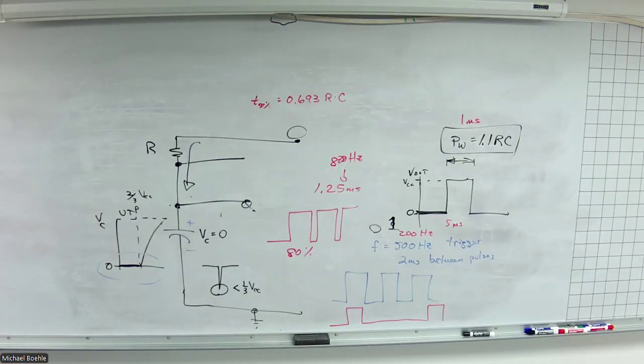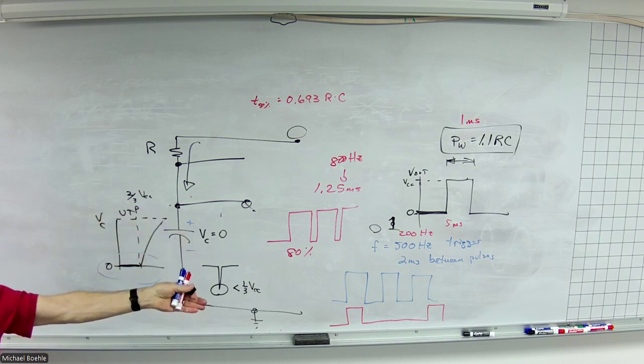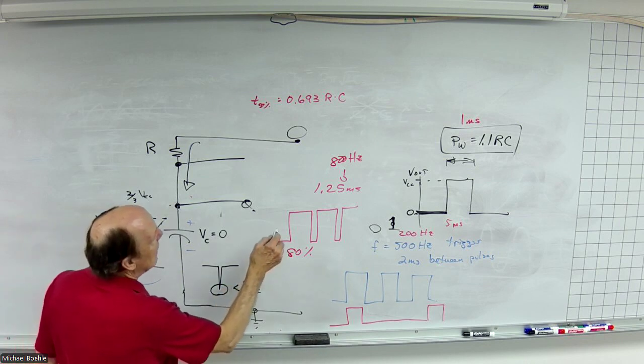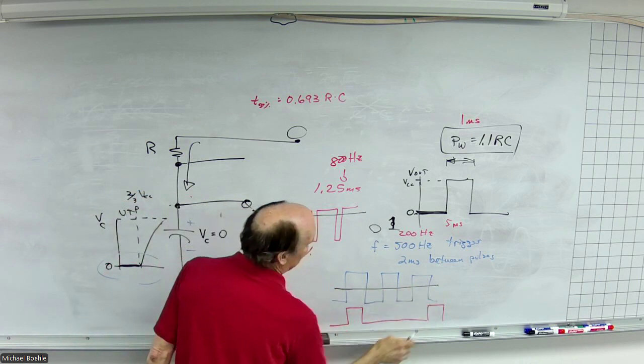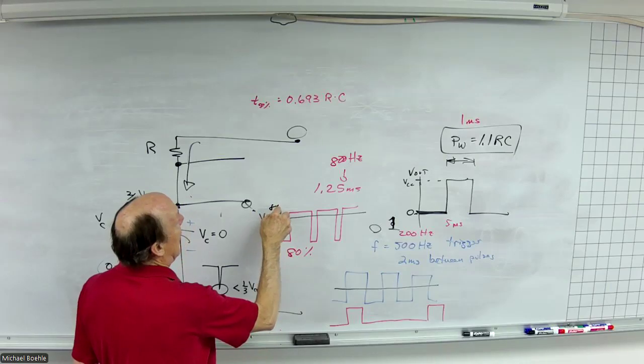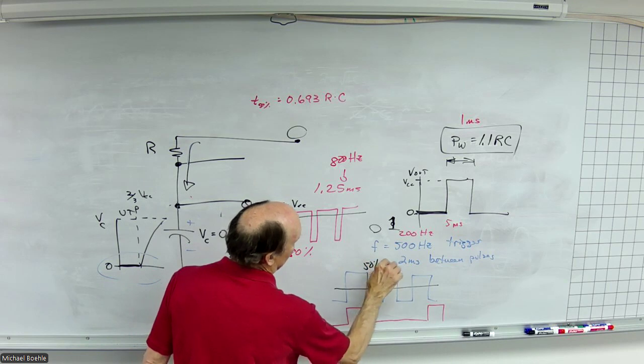Now, what can I do with that? Well, everybody in here has had power supplies, right? Almost everybody? I think so. Remember that one of the things I can do with a variable duty cycle waveform is filter it and get the average. So here, the average value is way up here. The average value is right in the middle, 50%, 80% of VCC, 50% of VCC.